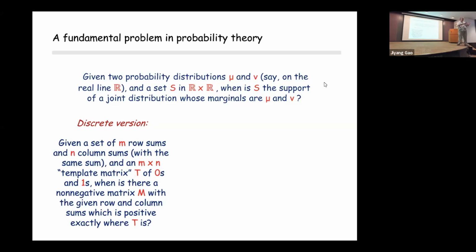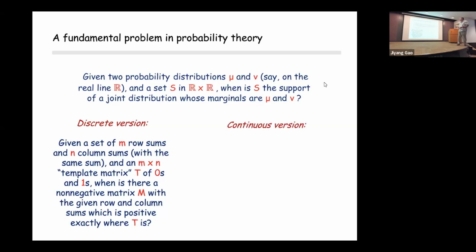What you want is to find a matrix which has those row and column sums and is non-zero exactly where your template matrix is non-zero. If we just ask for it to be positive only where the template is positive, we have a very familiar, easy combinatorial problem which we can solve with Hall's marriage theorem or even less, or max-flow min-cut.